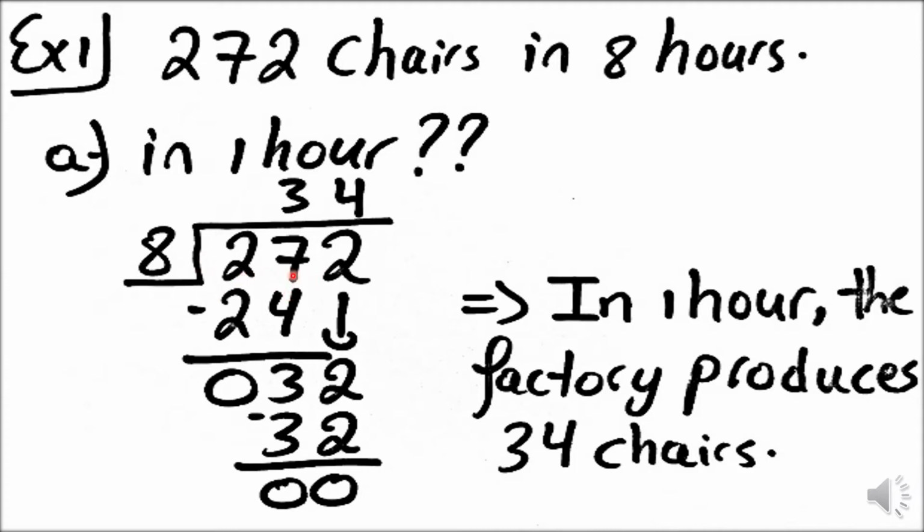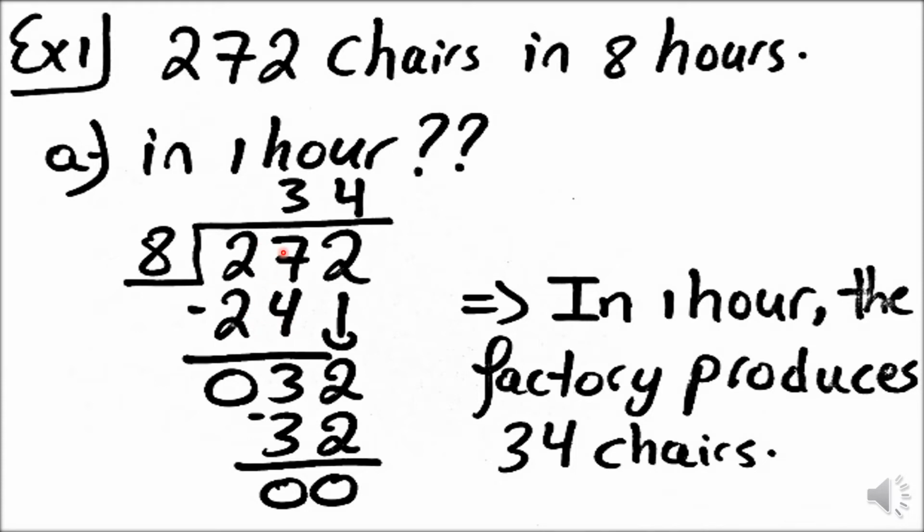So here I use 27 in the first step. I ask myself, how many 8s do I need to get 27 or almost 27? 8 times 3 is 24, 8 times 4 is 32. 32 is greater than 27, so I use 8 times 3, which is 24. I place the 3 in the quotient above the 7, and I place the 24 under the 27.